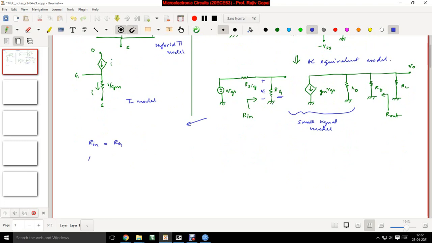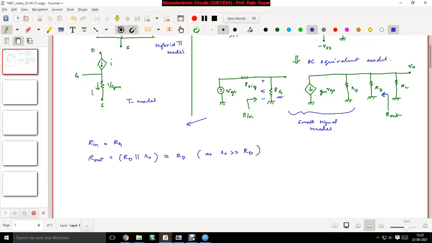Then we saw Rout, which is this resistance seen before RL, when looking into the drain side of the MOSFET. We see two resistances, r0 and RD. So this is RD parallel r0, which is almost equal to RD, as r0 is a value greater than RD.